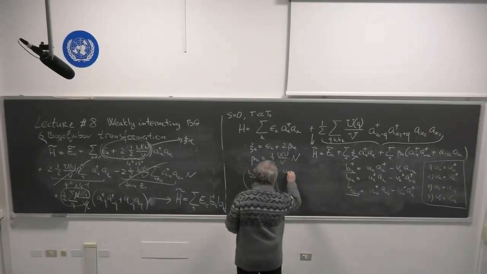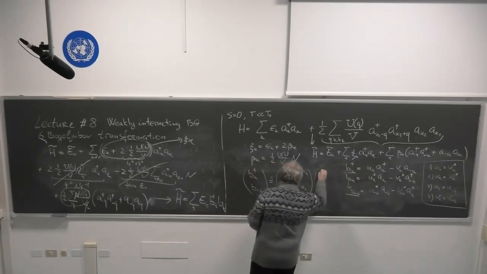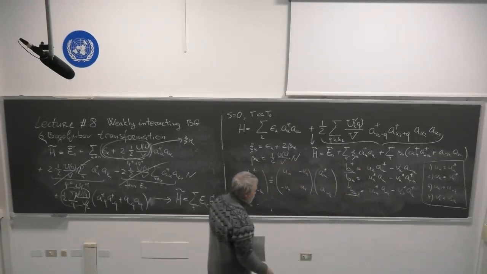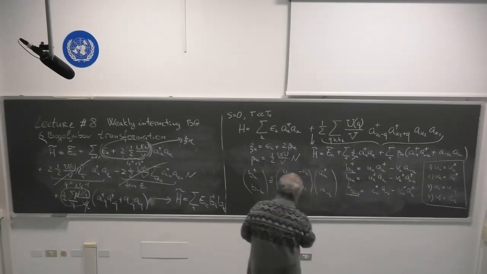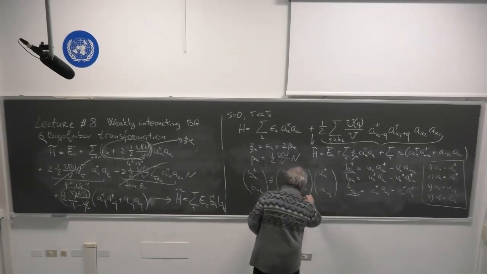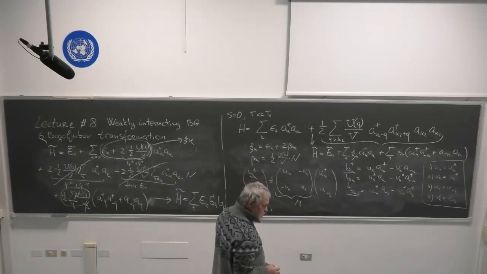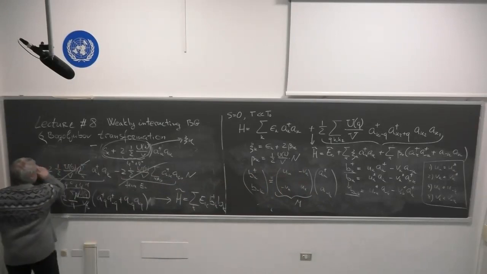So this is u k, minus v k, minus v k, u k, times A k dagger, A minus k. So this is equation 1 and equation 3 written in the matrix form. So this is the matrix M. Okay? Good.